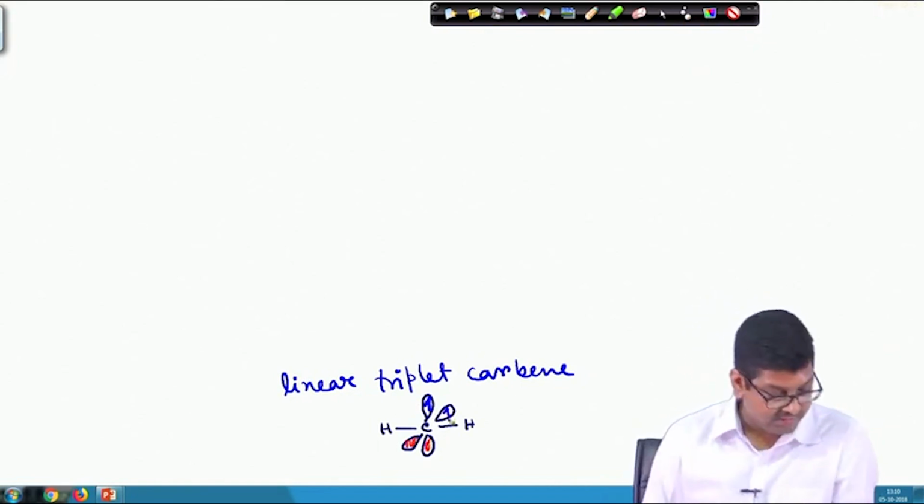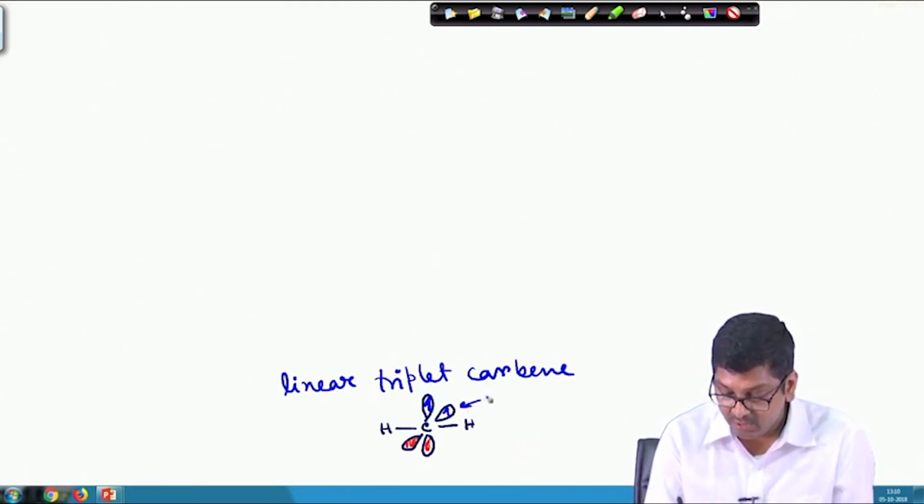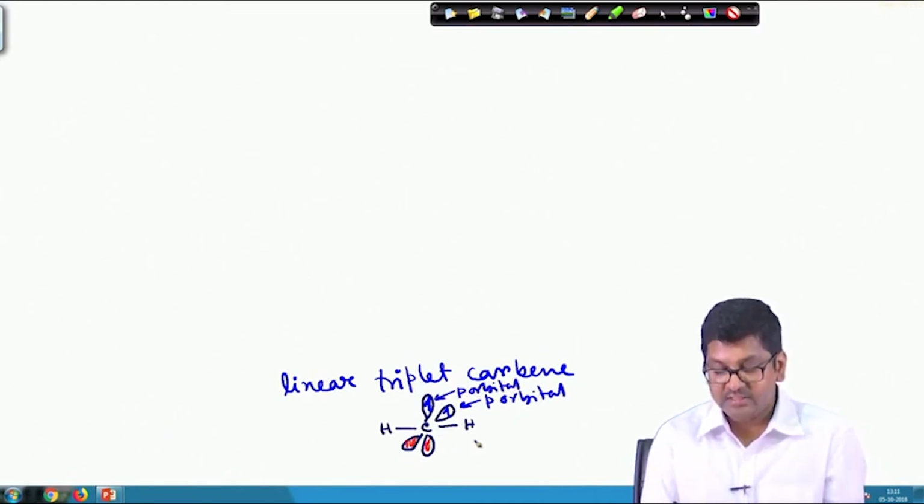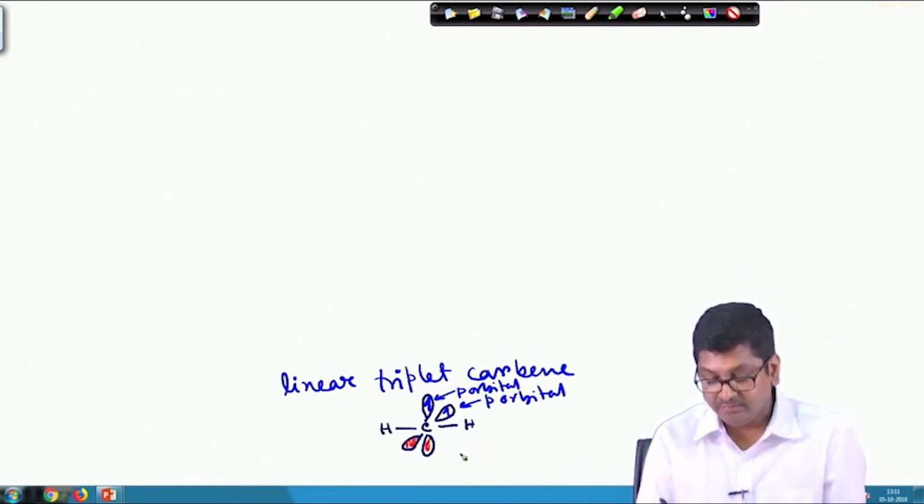This is the sp hybridized carbon atom, and these are the p orbitals.